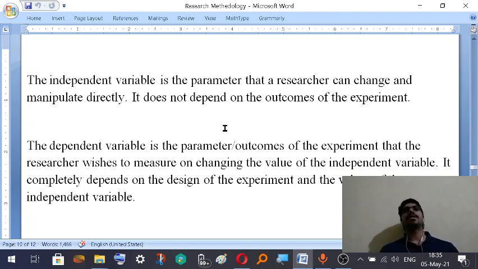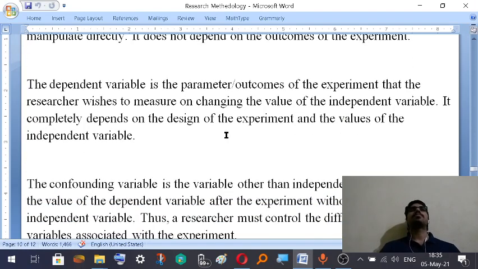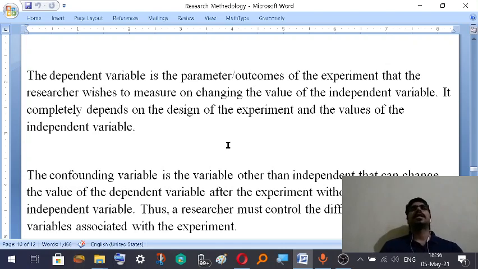Whereas dependent variable, it is a type of variable that depend upon the outcome of experiment. This is not something a researcher directly control. However, researcher can change the value of dependent variable by designing a different kind of experimental setup or by changing the independent variable.